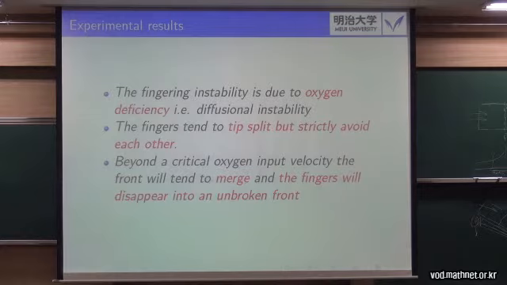The second point is that as the fingers propagate, they tend to split but strictly avoid each other. And there exists a critical amount of oxygen flow that can be supplied to the system, at which the fingers merge together, and we no longer have fingering, but just a stable propagating wave.